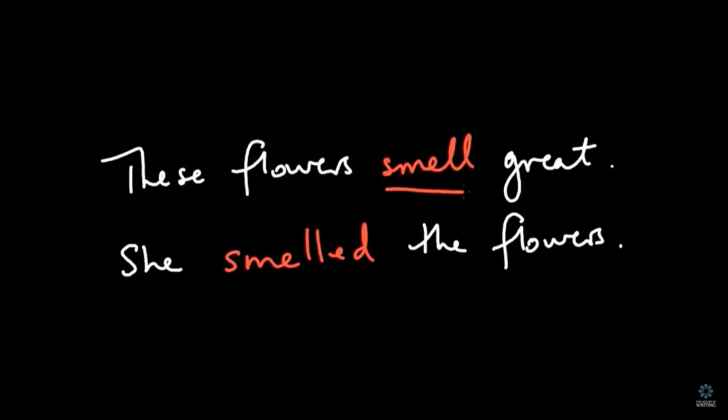One final point to make, and that's the fact that a linking verb, as in the first case, can also sometimes be a different kind of verb. So if you look at the last example here, she smelled the flowers. The flowers is a direct object, and that means that smelled in the second instance is a transitive verb. So be careful and don't assume right away that when you see a particular verb, it has to be a linking verb or transitive verb or intransitive verb.